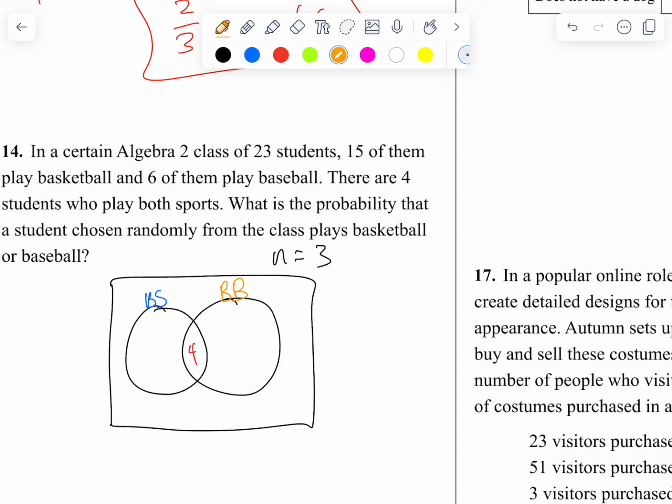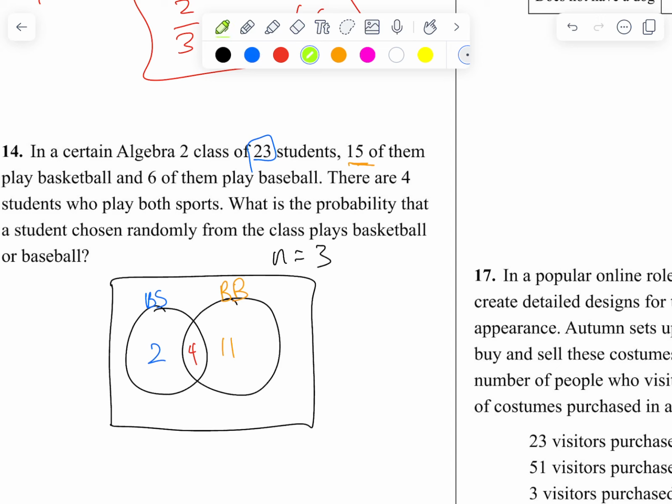So that means there has to be 11 that play basketball only to give me a total of my 15. And there's 6 that play baseball. So then there has to be 2 that just play baseball alone. And then adding them all up has to add up to magic 23.